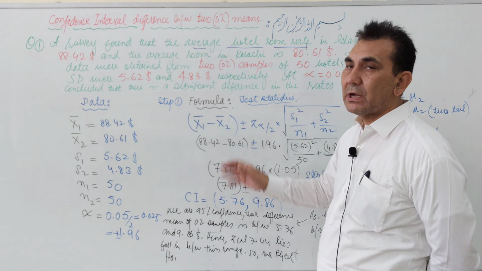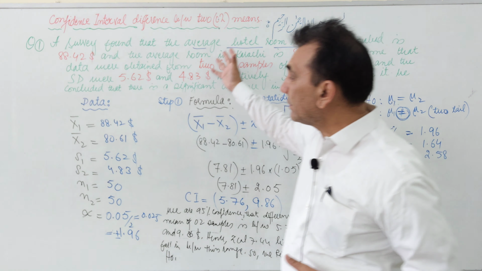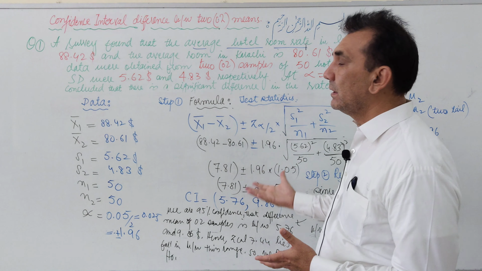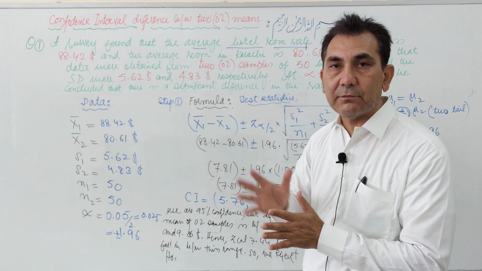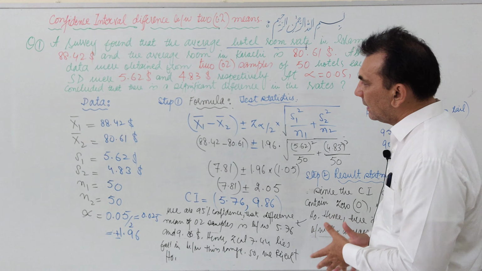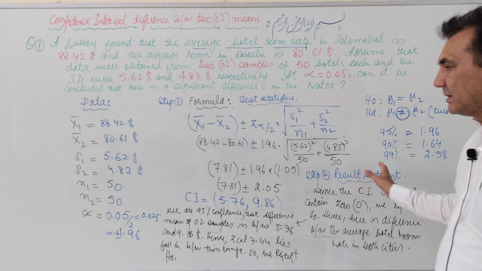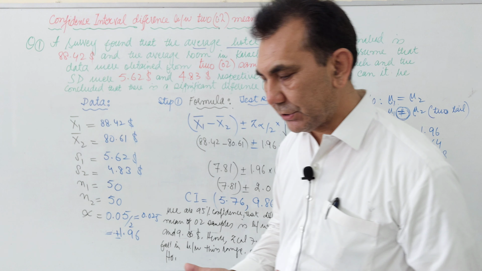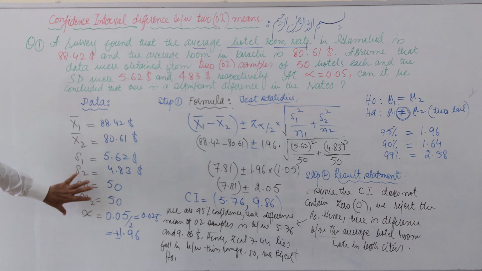The first step is the test statistic. In the first step you draw the data from the question or the numerical, put the values in the formula, and then solve it. Then in step number 2 we write down the result statement or result interpretation.